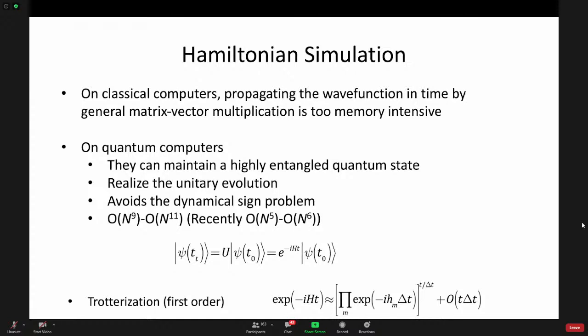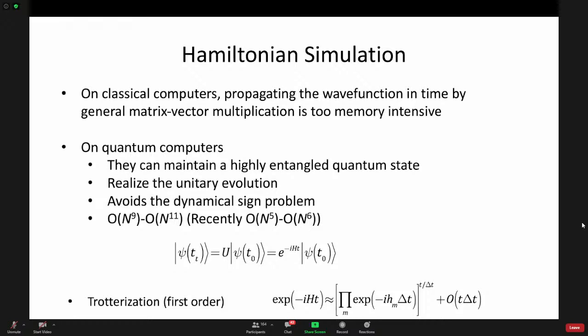The next advantage is propagating the wave function in time by general matrix-vector multiplication. Propagating the wave function is important because we can trace the dynamics of molecules using this method. However, naively, it's too memory intensive, so it's very difficult to do on a classical computer.